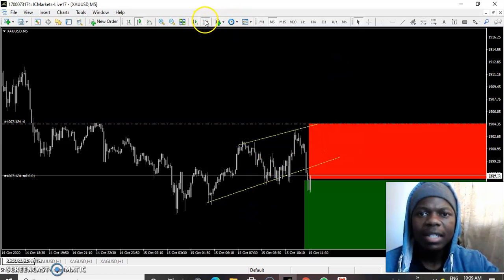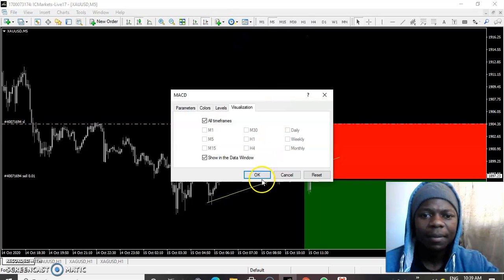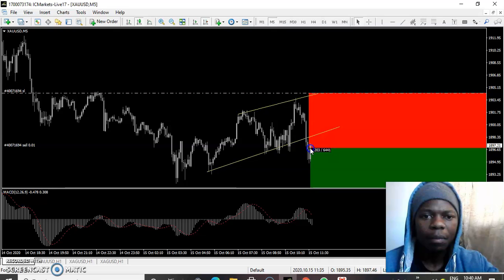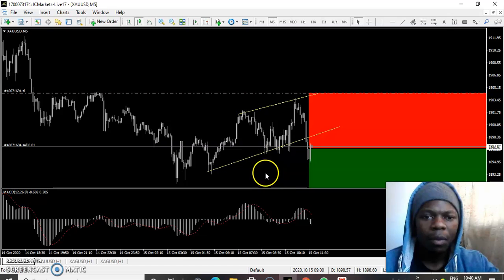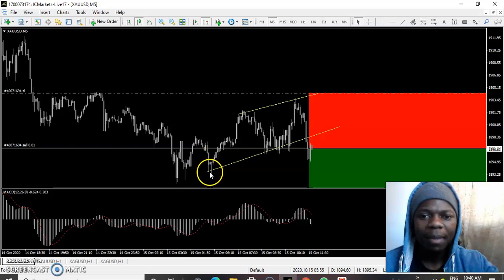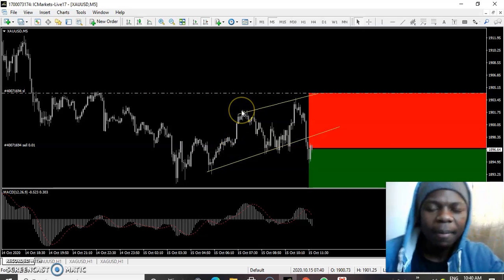Okay, when we place our MACD, as you can see, buyers began from here. As they were trending, they pulled back, they went up. Okay, good, a nice move right there.